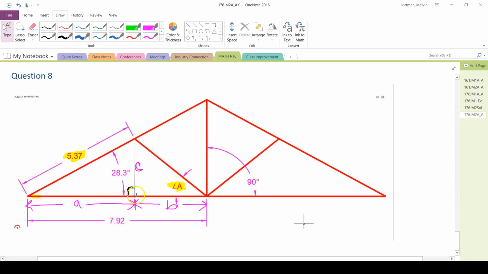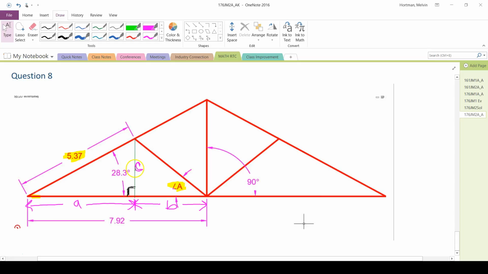So let's say I was to solve for the left triangle first. I got an angle here, so this is an angle side angle, because I have two angles and a side. With this one I have the hypotenuse. So with that, I could totally solve for C. I could do the sine of 28.3 equals C over 5.37.